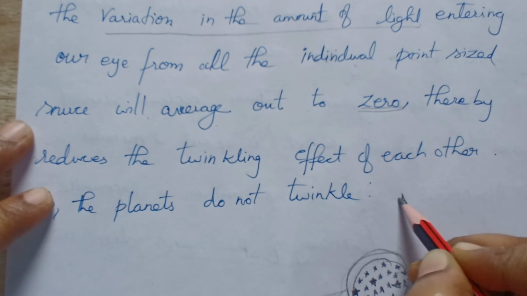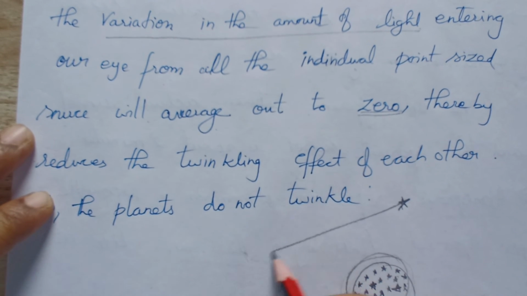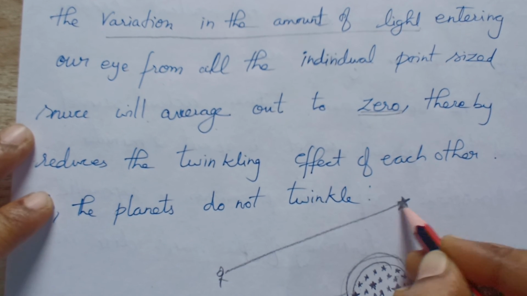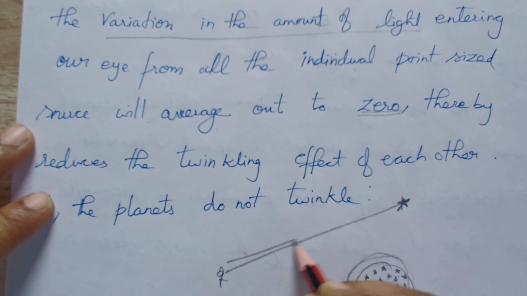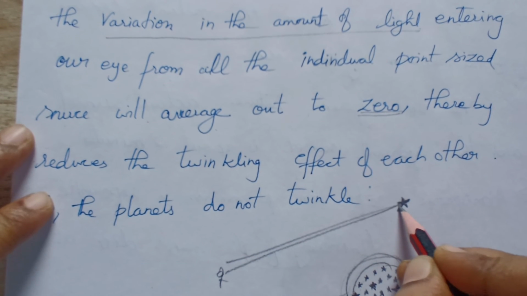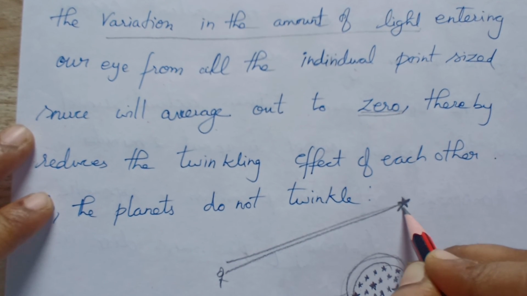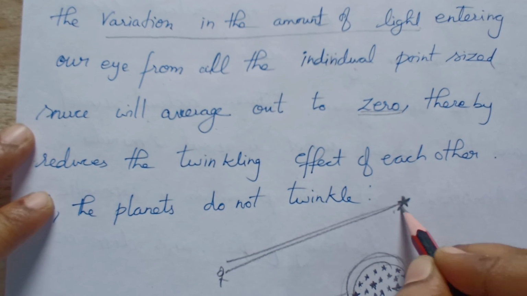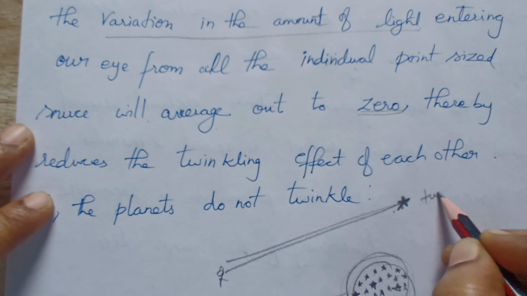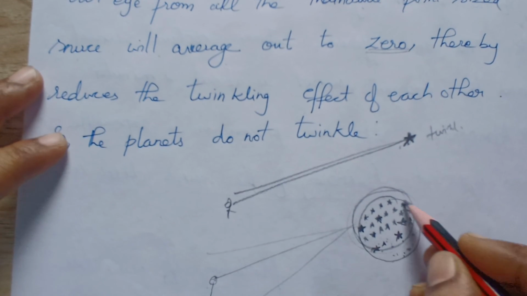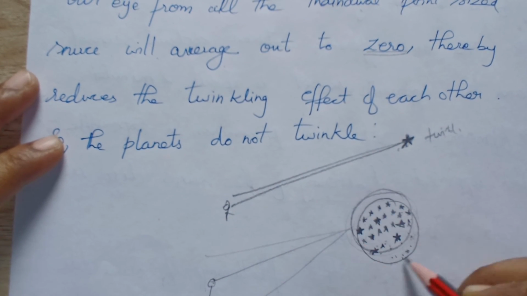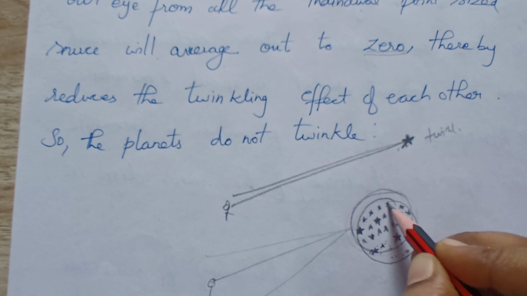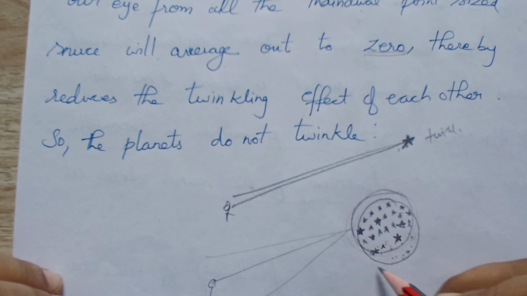You know that if it is a star, one single beam of light will come. When it reaches you it will be bright. When it does not reach you, it will be dim, and at that time it will not be visible. When again it reaches you, it will be bright. Bright, dim, bright, dim will give you a twinkling effect. But this planet is made up of so many individual stars. If one star is dim, will this affect the whole light?